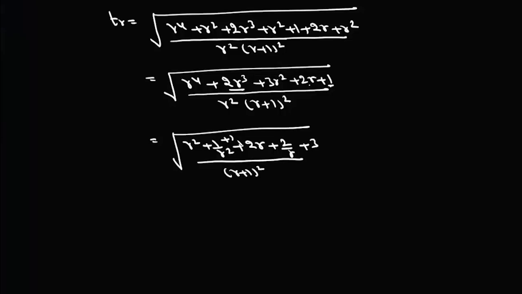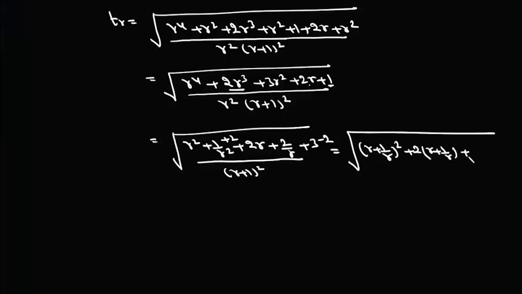Now what we'll do is we'll add 2 and we'll subtract 2, so we can write this as under root of, now this is r plus 1 upon r whole square plus 2 (r plus 1 upon r) plus 1 upon r plus 1 whole square.